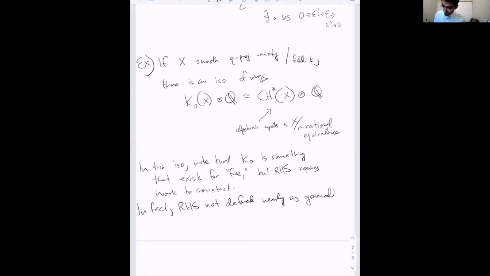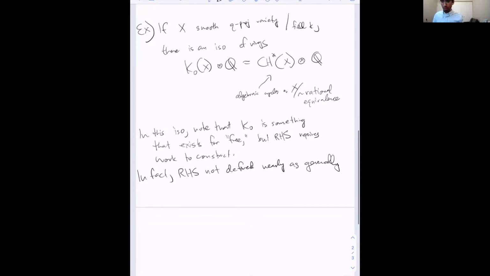So one takeaway from this is that K0 gives a way of thinking about intersections that, at least if you work with rational coefficients, works very generally. They don't require any sort of smoothness, and you can build it without really doing any hard work to think about algebraic cycles.